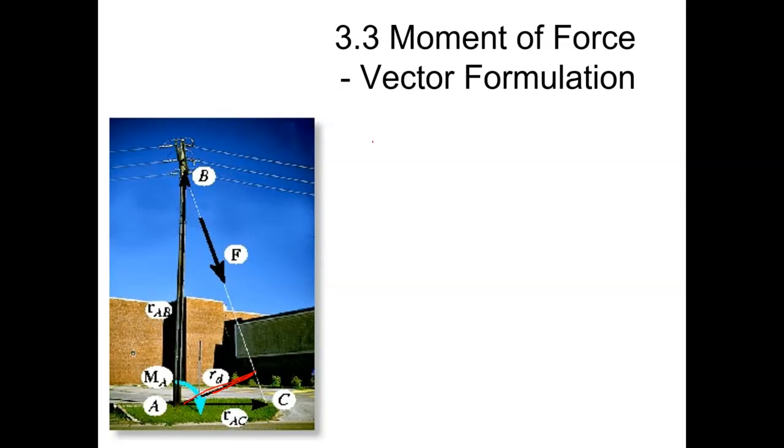So the magnitude of the rotation with respect to A is RD multiplied by F. If I want to do this as a vector, I do RAC cross product with F, or I can do RAB cross product with F. These would give the same magnitude as the first one.